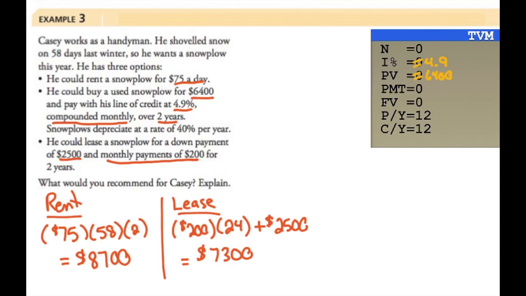It's compounded monthly, so 12 times per year, over 2 years. And again, he's making monthly payments on this, so we would have 24 payments total. We don't know his payment amount. His final value will be 0. And as we've said, he will be making monthly payments, so 12 per year.